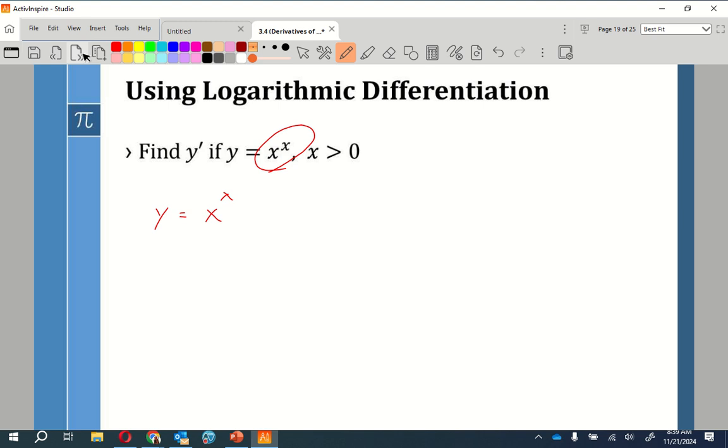So ln of y is equal to ln of x to the x. Now what can I do with that x, this x in the exponent? What did we do with it yesterday? Bring it to the front. So now I'm going to have ln of y is equal to x times ln of x.